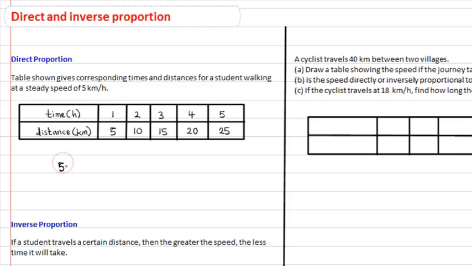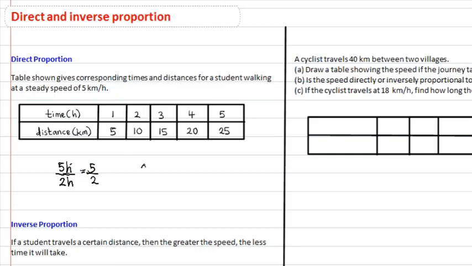That is 5 hours over 2 hours. Remember, the hour is the unit of time and the kilometer is the unit of distance. The hours will cancel themselves to remain 5 over 2.